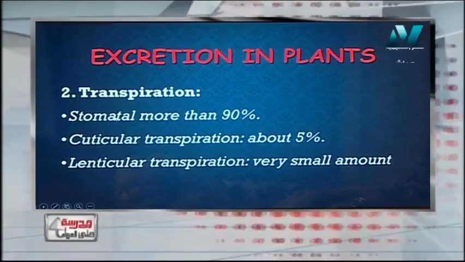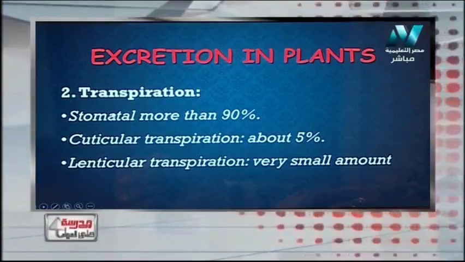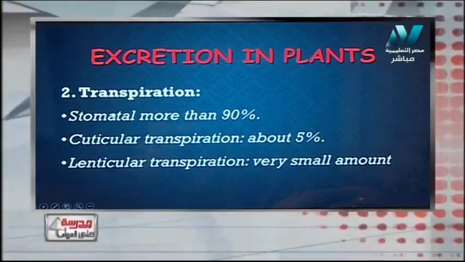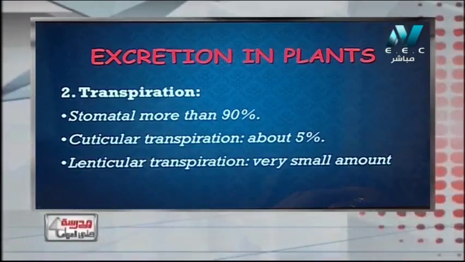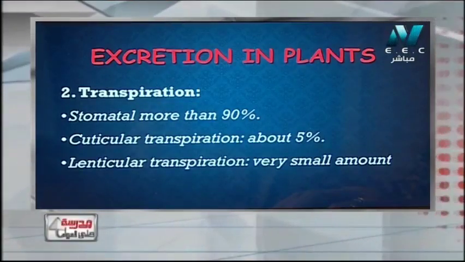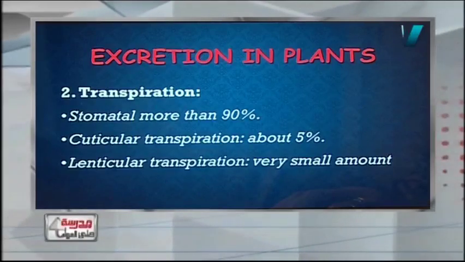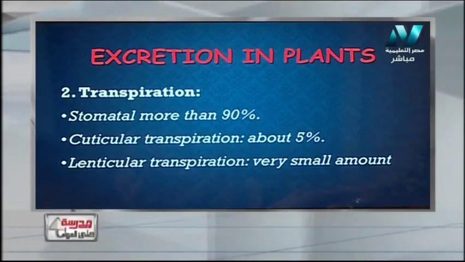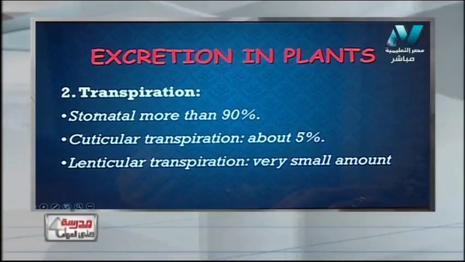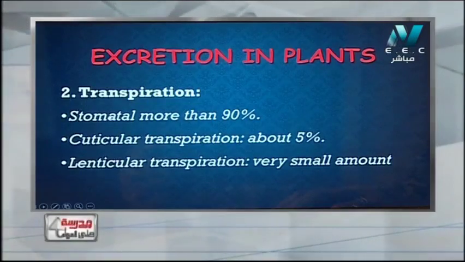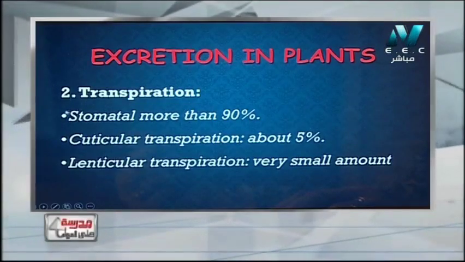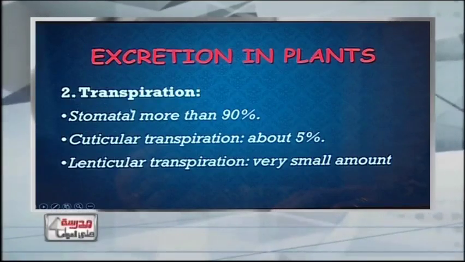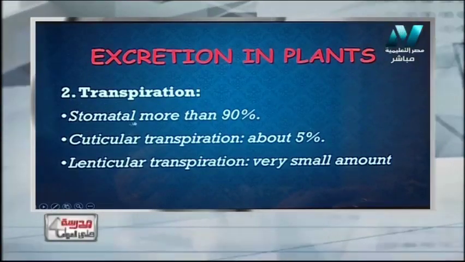The stomata, remember, we studied in the first term, when we studied the transverse section in a leaf of a higher plant, and we noticed in the epidermis of the leaf there are openings, and these openings are guarded by two guard cells.